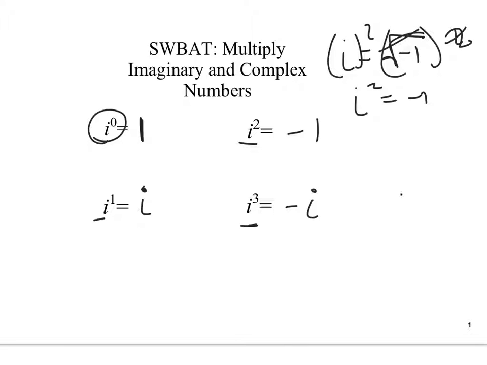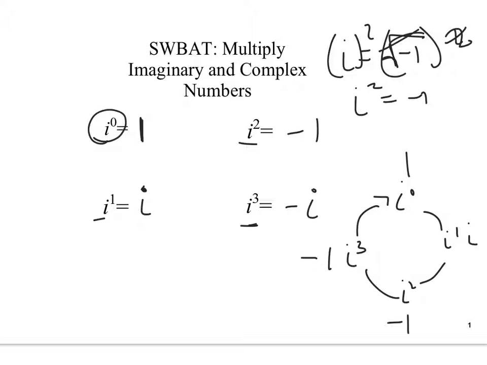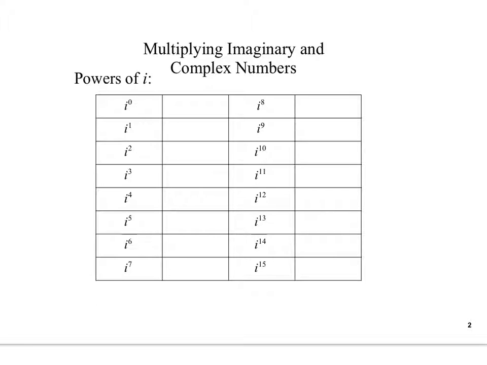A lot of people tend to write this as a circle. Okay, so this is 1, i, -1, and -i. And it actually works its way around. So this is i to the 0, first, second, third, fourth, fifth, sixth, seventh, eighth, etc. When you're doing the next slide, you can see that pattern.